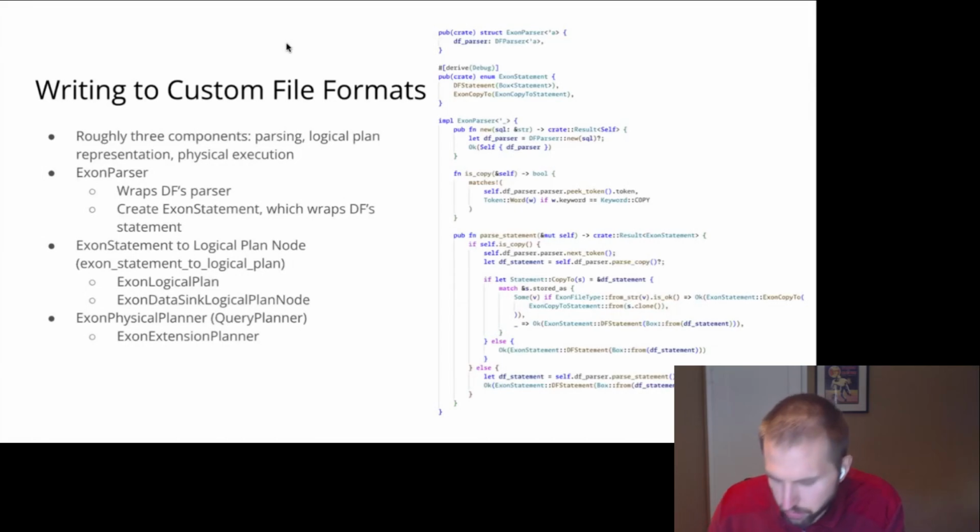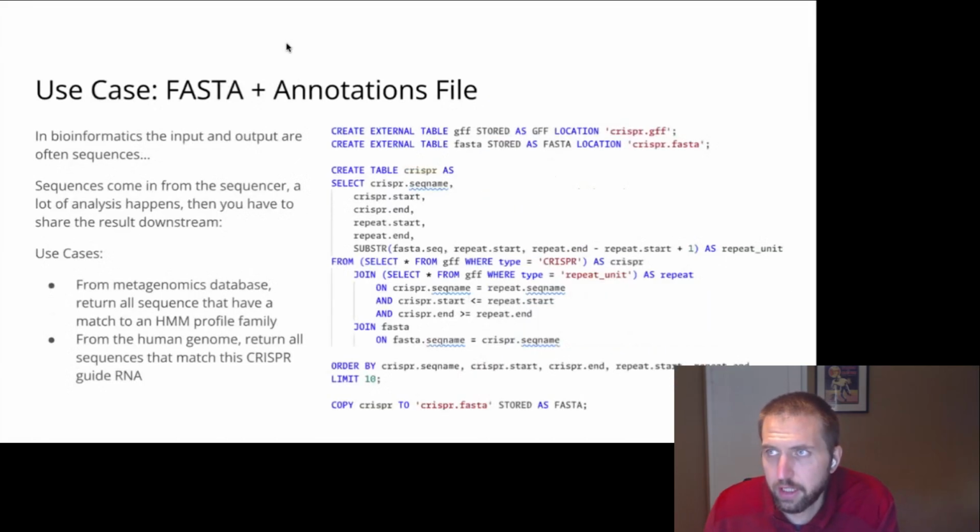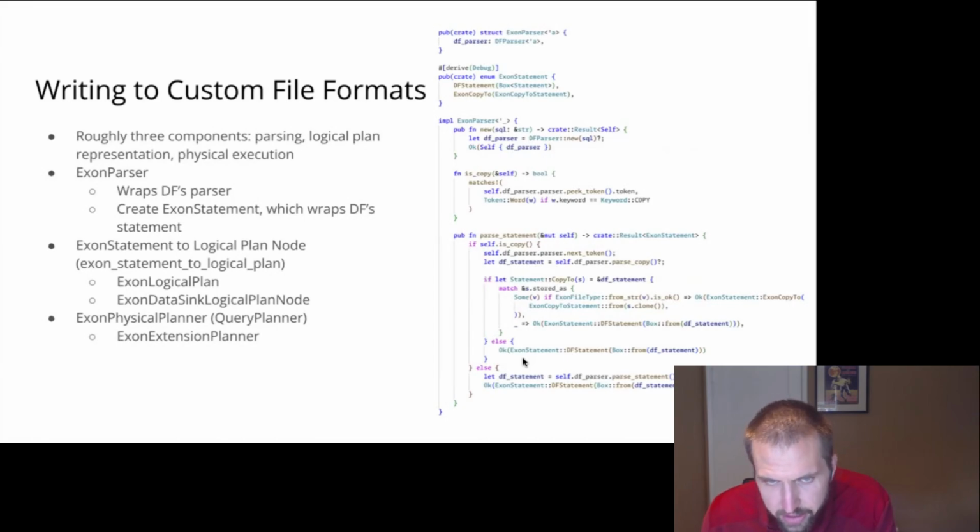And then I wanted to talk a little bit about this. If we come back here, sorry, I'll speed up a little bit. At the very end we can actually copy CRISPR to CRISPR.FASTA, so actually copying the file back out into the file format. That turned out to be a little bit trickier than I had anticipated.